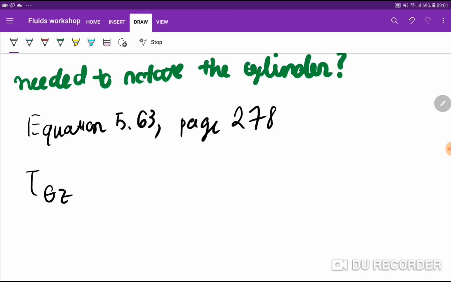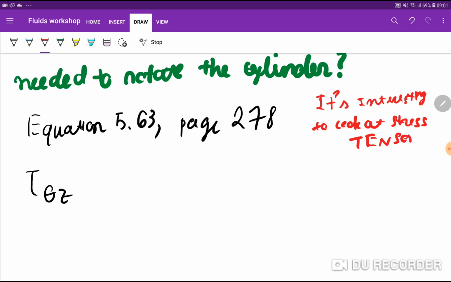I think the stress tensor is an interesting thing to look at. I think they explain better the direction and orientation and all that. But now let's follow the formula and see what it says.